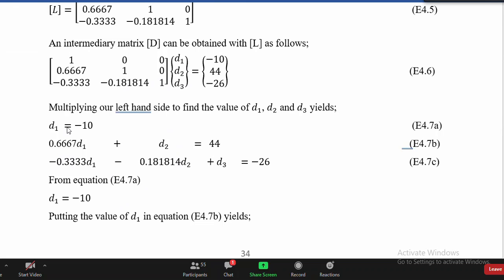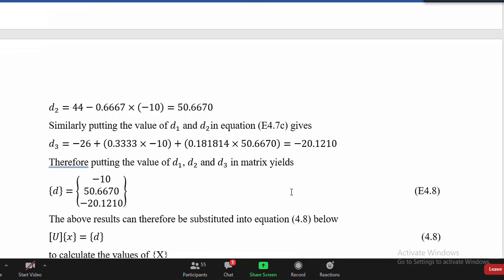These are the equations. So we resolve from D1, substitute D1 here, find D2, substitute D1, D2, find D3. All right, that's what is happening here. So D is minus 1050 minus 20. Check it very well.